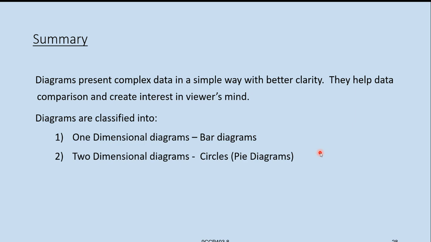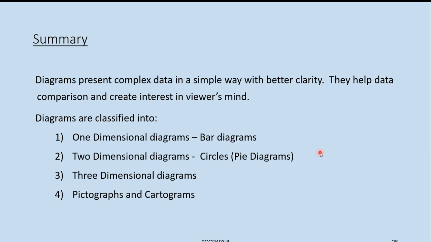Diagrams are also classified into one dimensional, two dimensional, three dimensional, and pictographs and graphs, cartograms, pictograms or circles or pie diagrams that we will learn in the next lesson. So the diagrams actually help data comparison and create interest in your mind.